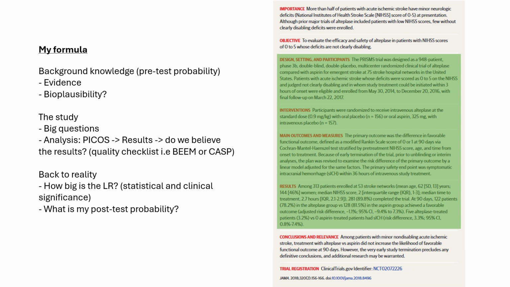Whereas if you have a moderate or high pretest probability, like you believe in this area, then you will only believe even more after the study, right? So it depends where you're coming from.